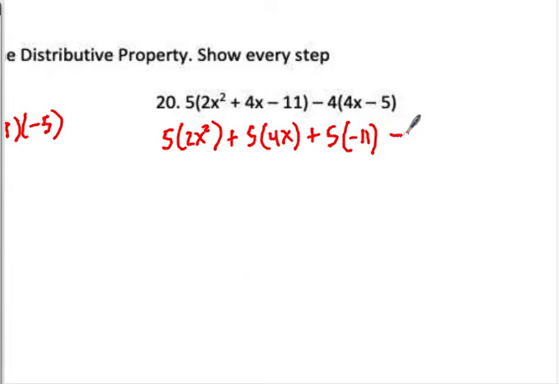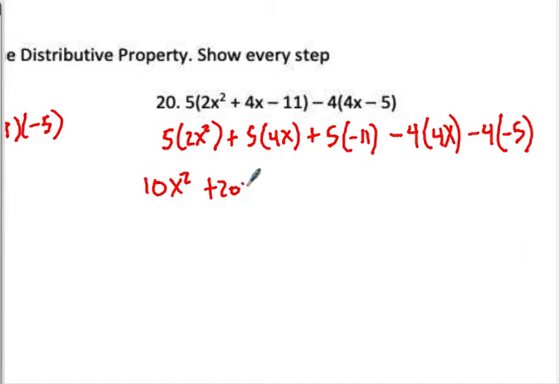And then a minus 4 times a 4x and a minus 4 times a minus 5. So 10x squared plus 20x minus 55 minus 16x.